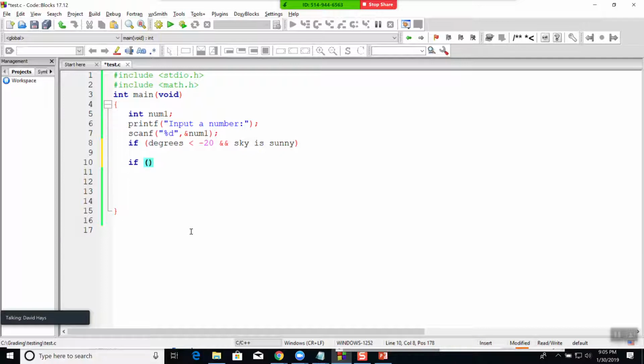What's the opposite of degrees is less than -20? Maybe greater than or equal to -20? Now, I don't remember how to do this, by the way, so this is probably not right. Sky is sunny. What's the opposite of sky is sunny?